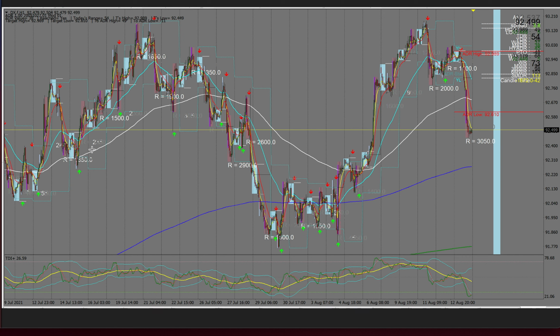And I do add those EMAs to my charts. As you can see, there's the green one. That's the 3200. You can't add the 4800 on MT4 desktop, but you can on the mobile. And really, I just added those because this is the 200, the 400, the 800, the 200 on the 4 hour.